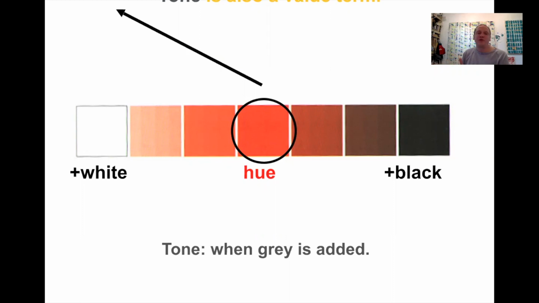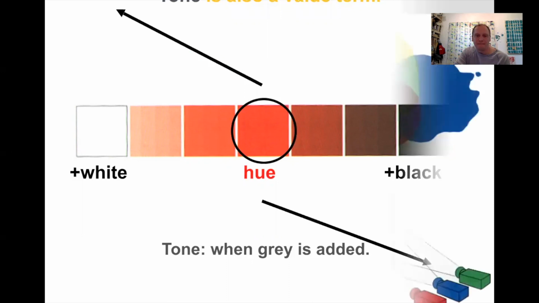So you should know now that you're trained what a tint, a shade, and a tone are. So when you're talking about one orange versus another orange, you won't say a different shade of orange unless you're talking about the original orange with black added to it.